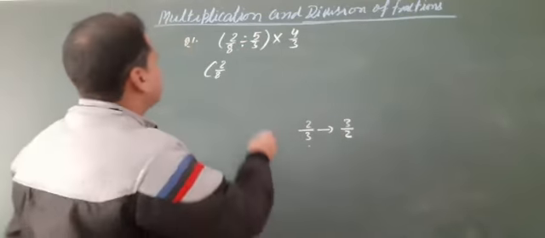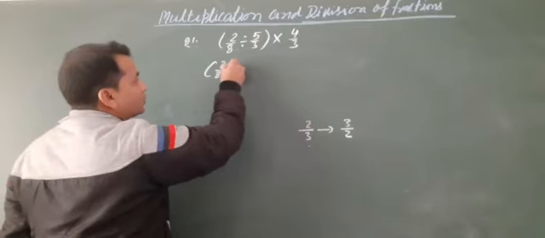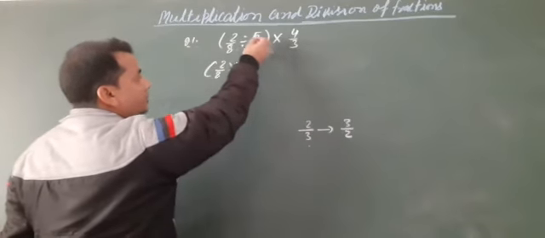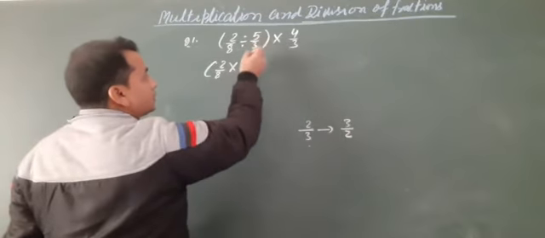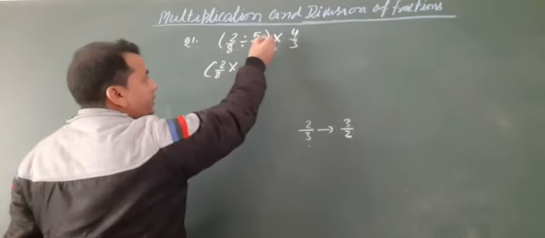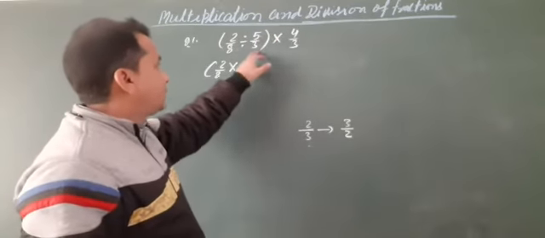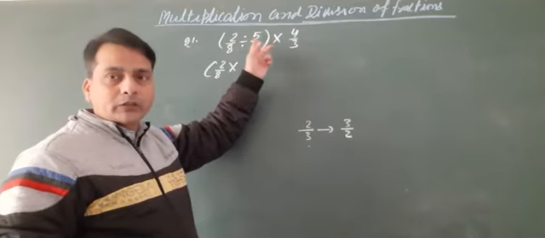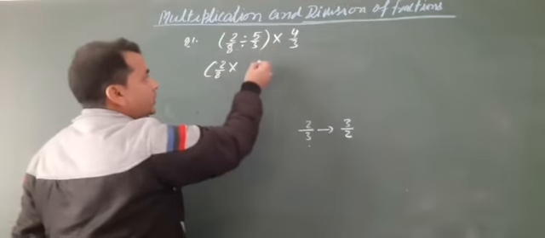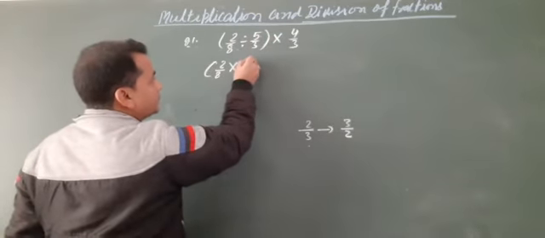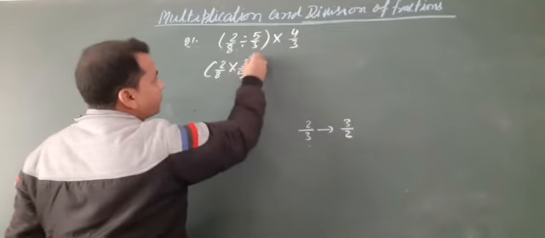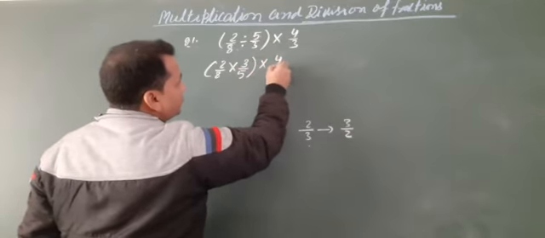So here it is 2 by 8 into the reciprocal of 5 by 3. The numerator is 5 and the denominator is 3, and interchange their positions. So the new fraction will be 3 by 5 into 4 by 3.